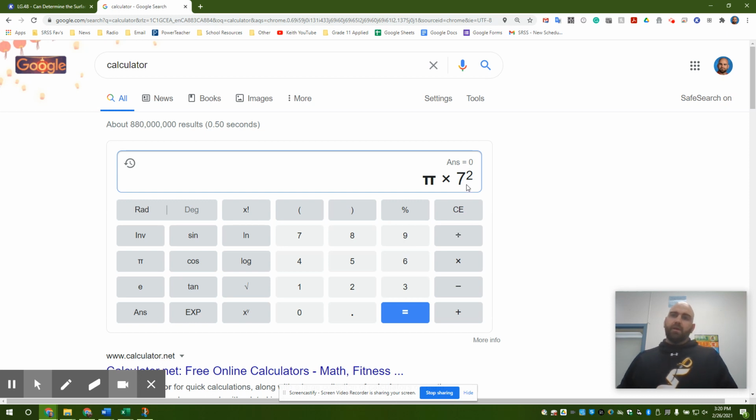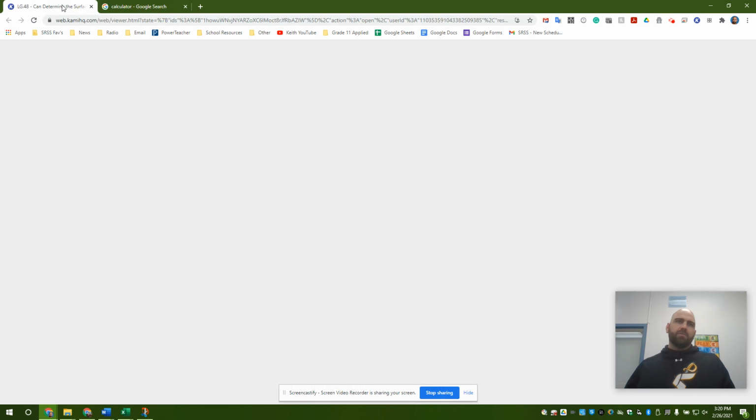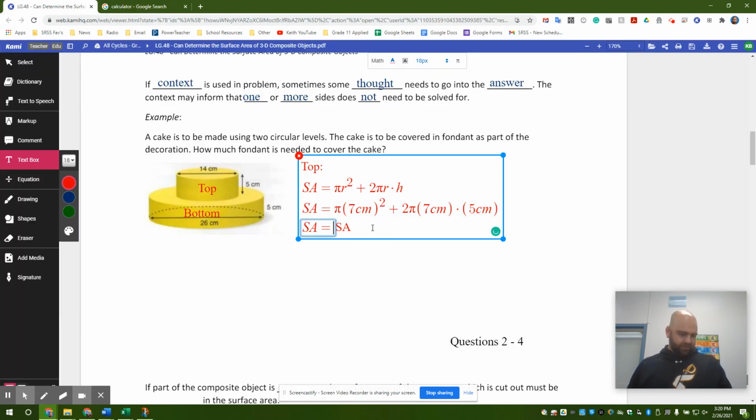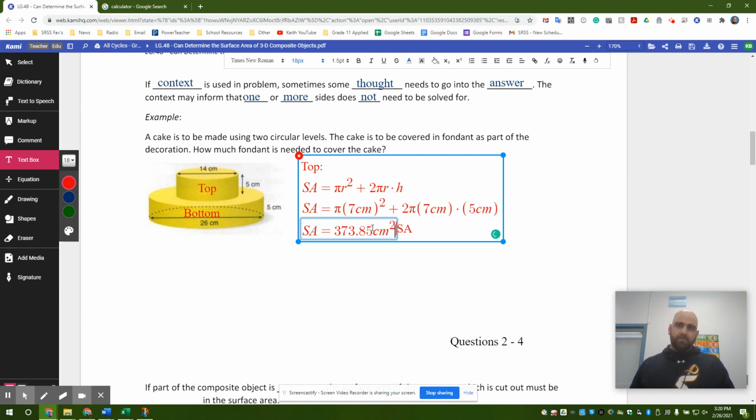Notice we're only squaring the 7, not the pi times 7. And then we're going to do 2 times pi times the radius times the height, which I think we said was 5. And that's going to give us 373.85. So this is 373.85 centimeters squared.